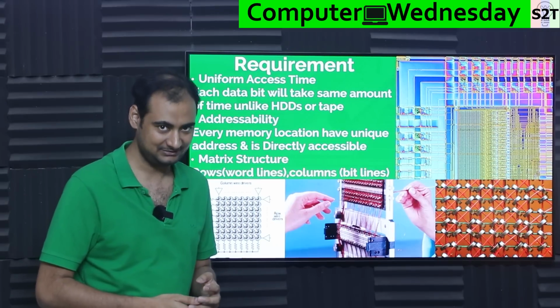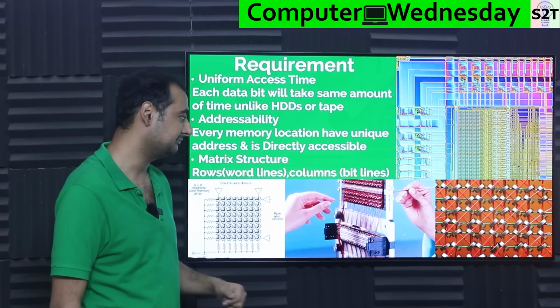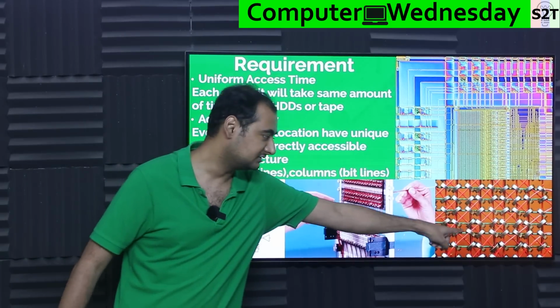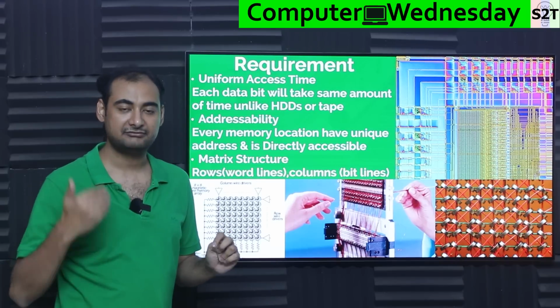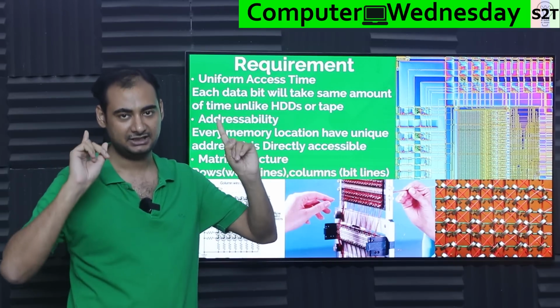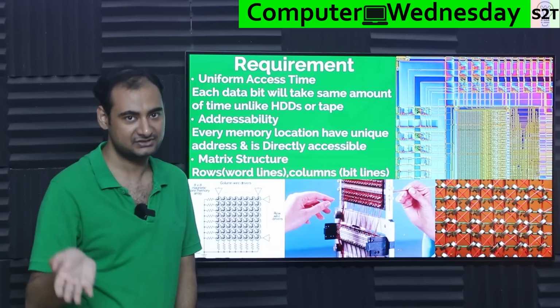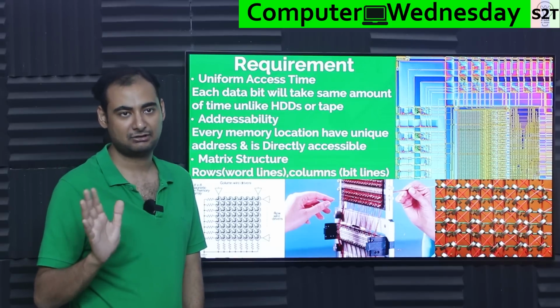That's not acceptable for CPU. So it has to be uniform access time, meaning it does not give a damn whether the data is in this coil or this donut or that magnetic ring. It should get all the data whenever it wants with a fixed interval, meaning if, let's say, it's 1 nanosecond, it should be 1 nanosecond. It does not matter whether RAM is full or empty. It's exactly 1 nanosecond.